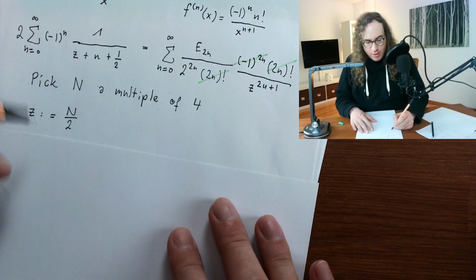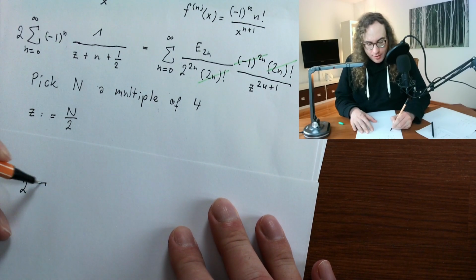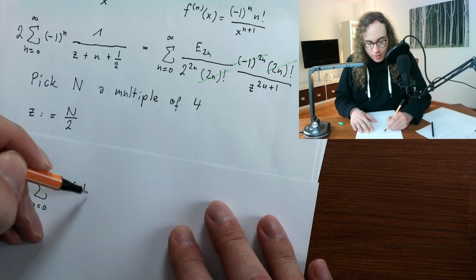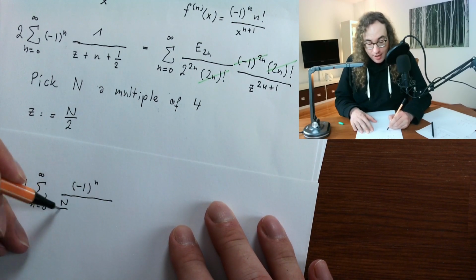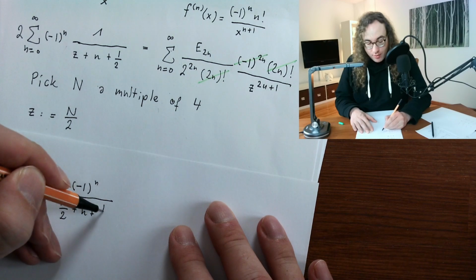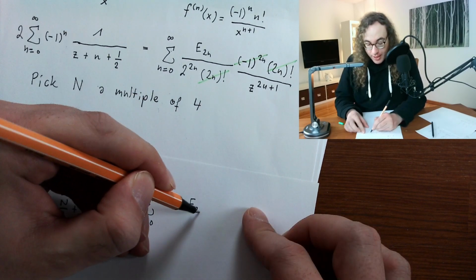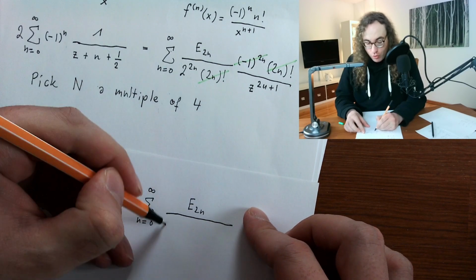Okay, so I get 2 times the sum from lowercase n from 0 to infinity of minus 1 to the n divided by N/2 plus lowercase n plus 1/2 equals the sum from 0 to infinity of E_n, the Euler numbers, divided by 2 to the 2n.